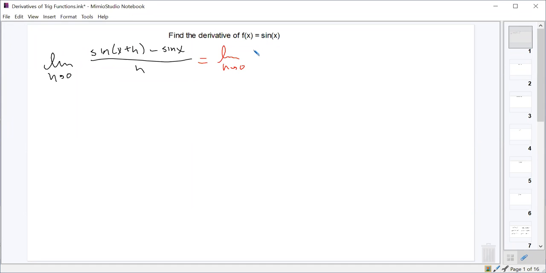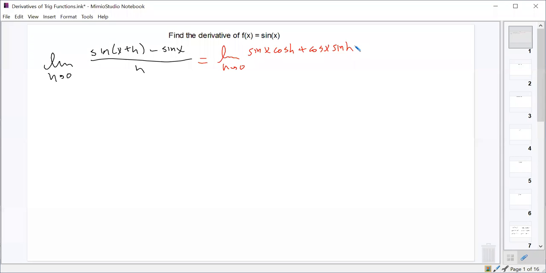Sine of x plus h, or sine of a plus b, or if you learned it in a class last year, sine of alpha plus beta is probably how I used to teach it, at least when I taught honors pre-cal. Sine of x plus h is sine x cosine h plus cosine x sine h.